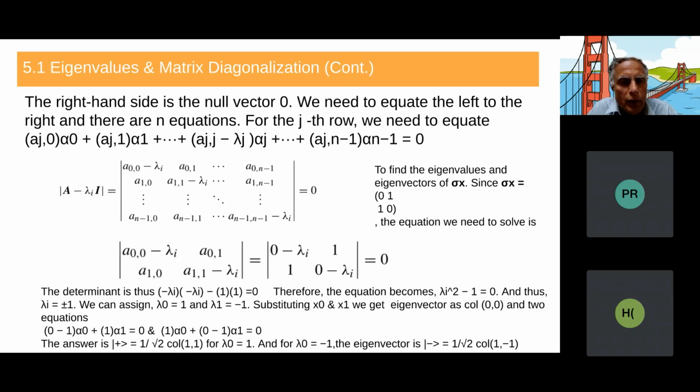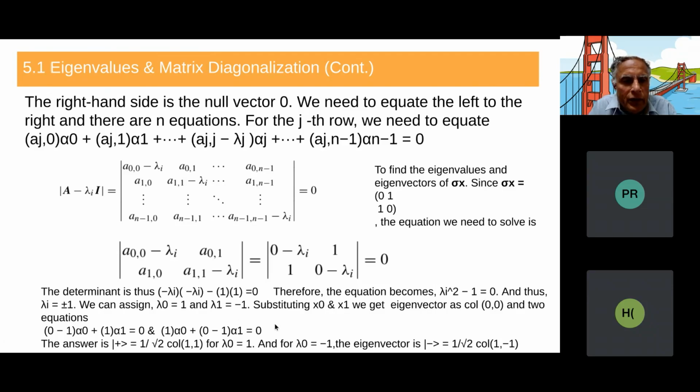So we can assign lambda 0 equal to 1 and lambda 1 equal to minus 1.